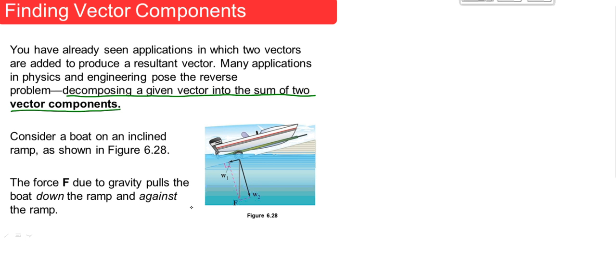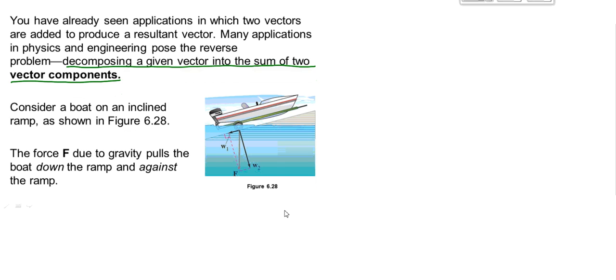So if you think about these two vectors that are going down the ramp and against the ramp, those two vectors are orthogonal vectors. And our resultant vector is this force vector that we look at right there.